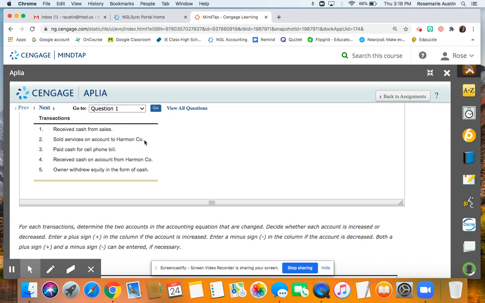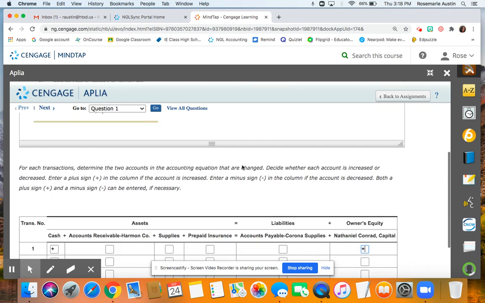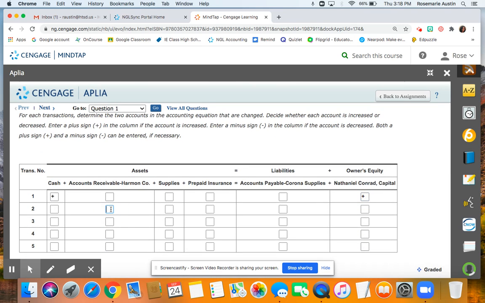So when you sell services on account, you set that up as an account receivable. The account receivable in that transaction is going to increase because they didn't owe you any money before, but now they do owe you money. And because it's a sale, capital increases, your net worth increases.